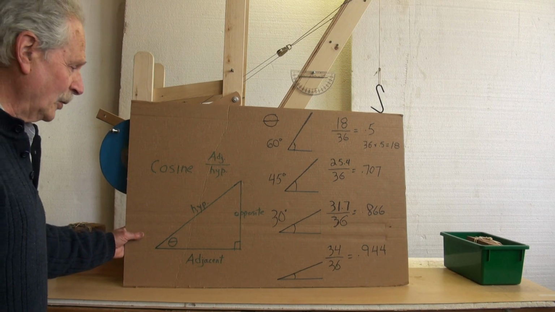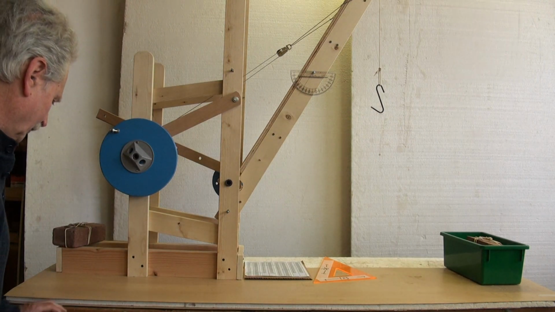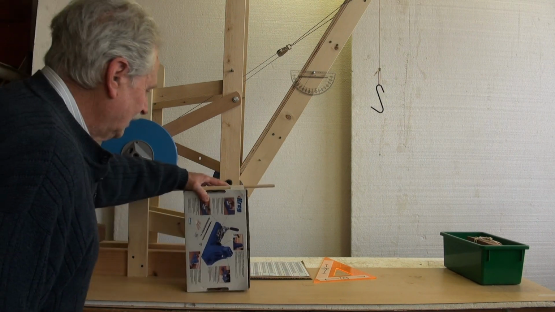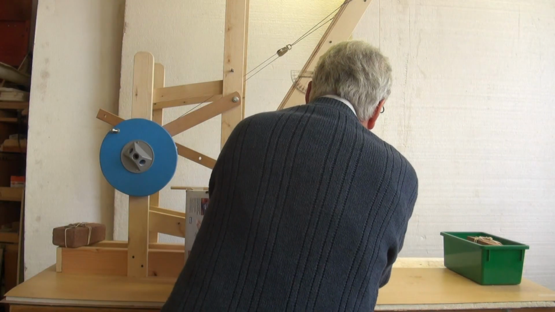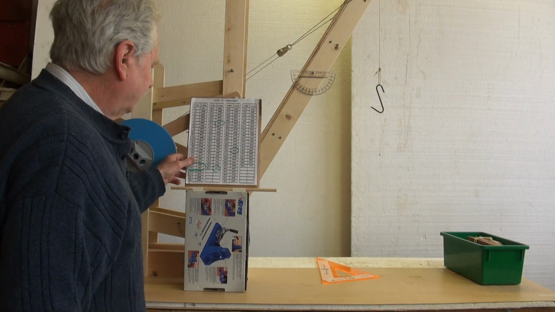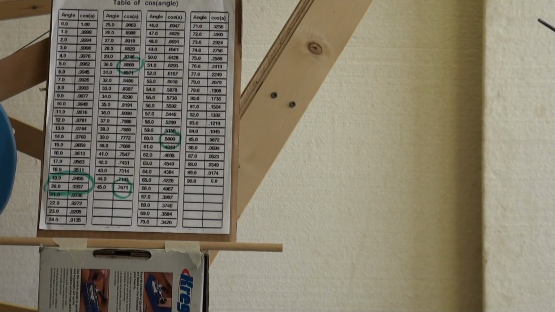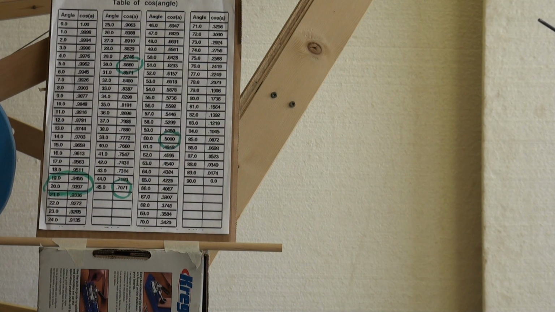So what do we do with that number? Well, you need your handy dandy table of cosines. I suggest to my students not to use their calculators, but to print out the table of cosines, so they can see that as the angle gets smaller, the cosine gets bigger.